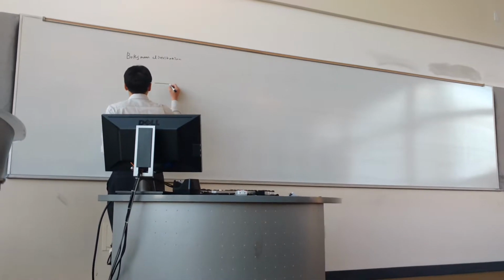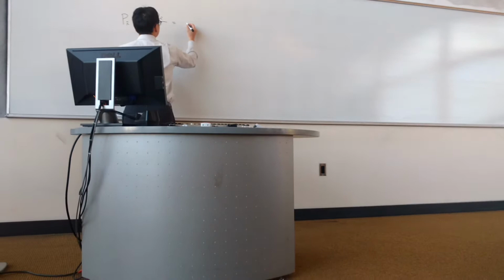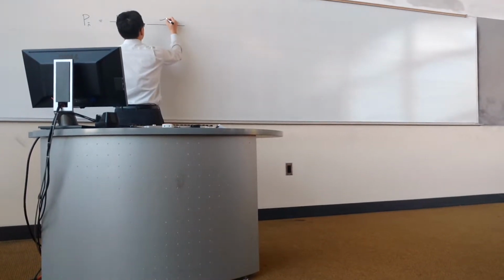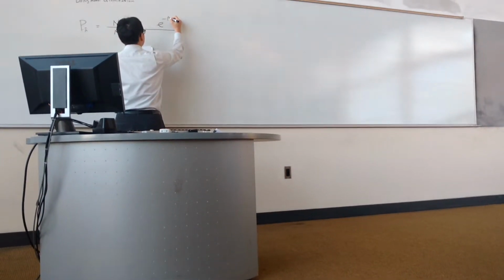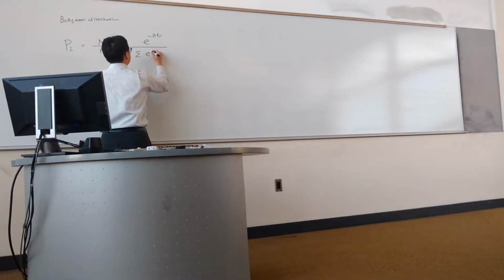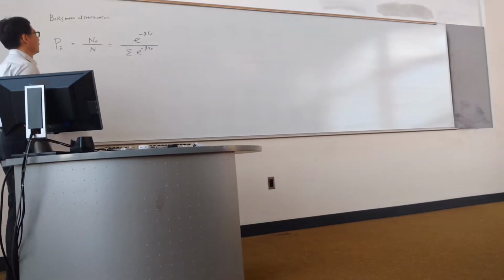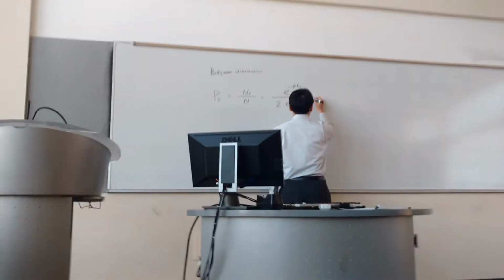So Pi is equal to Ni over N, which is equal to exponential negative beta Ei over the summation of exponential negative beta Ei.